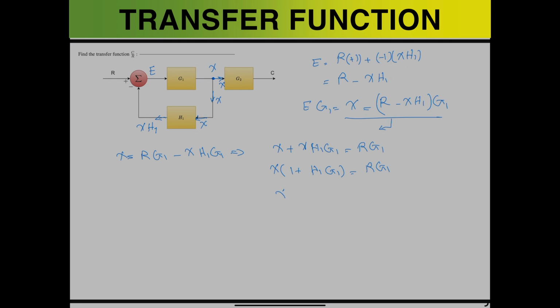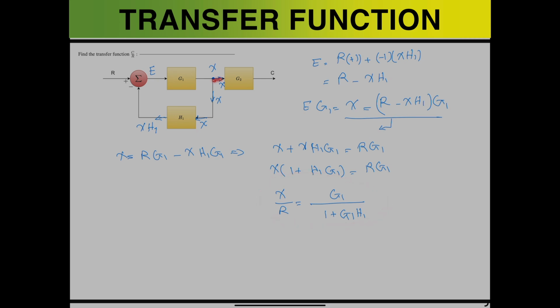And if I find X over R, I would get R times G1 over 1 plus G1 H1. Now we have got X over R, which is simply the forward path divided by 1 plus G1 H1, or 1 plus the forward path times the feedback path. We will remember that for the next questions in general. Now we only have the X over R.